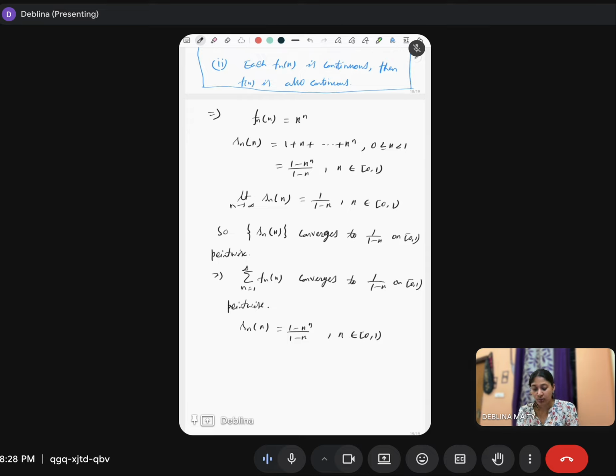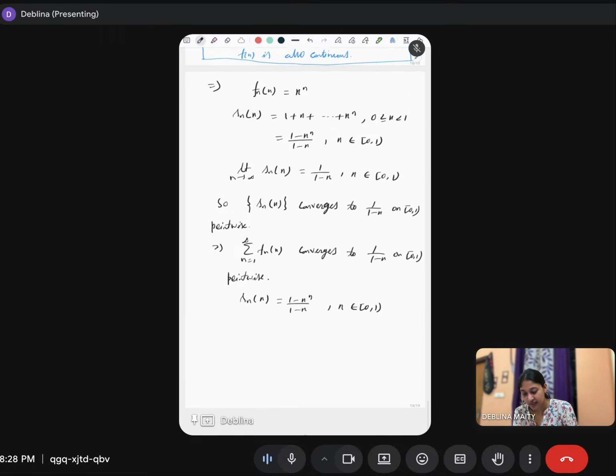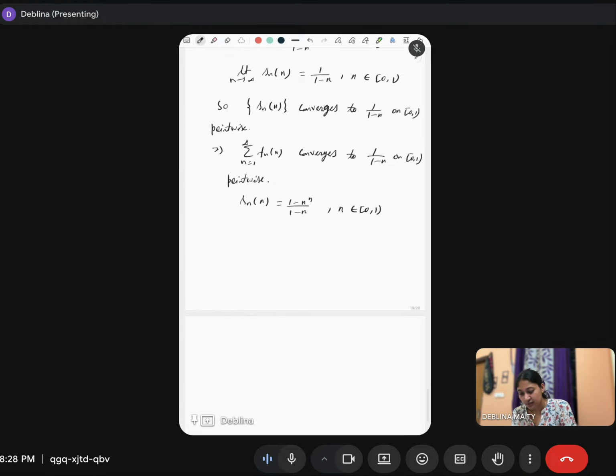And since x is not 1, this S_n(x) is bounded, right? Because it is actually 1 plus x plus up to x to the power n minus 1. Right? So each S_n(x) is bounded. And if this convergence is uniform, then the limit function S(x) has to be bounded, right?